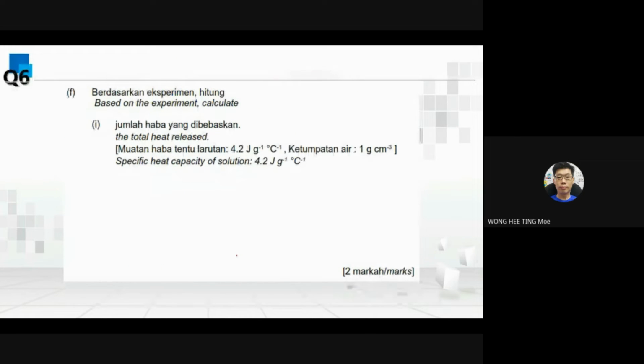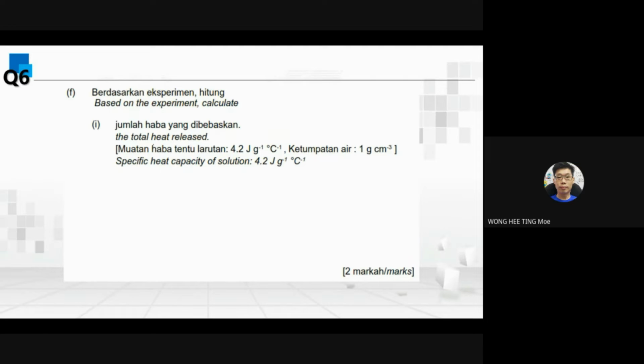Now this one is for calculation. Have you calculated the heat release? Is it delta H? No, it is the total heat release. If you want to find the delta H, you would write heat of reaction or heat released when 1 mole of what, you will see per mole.